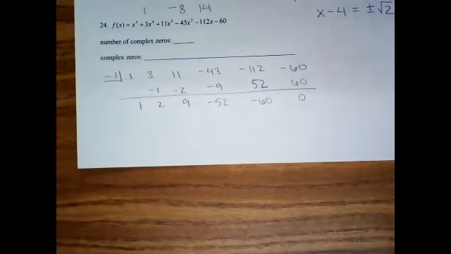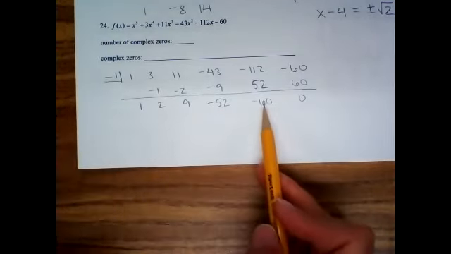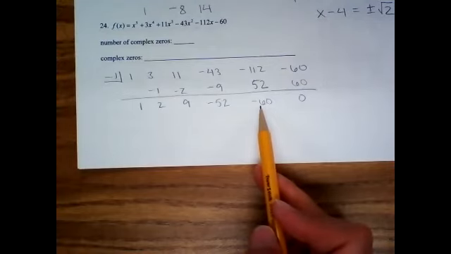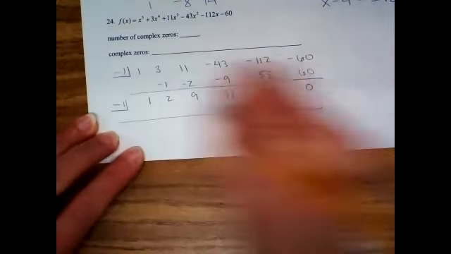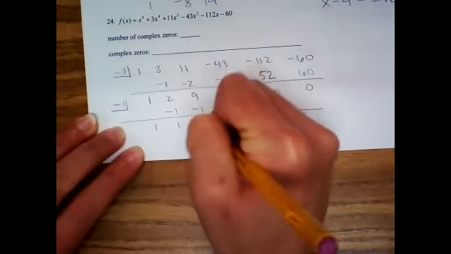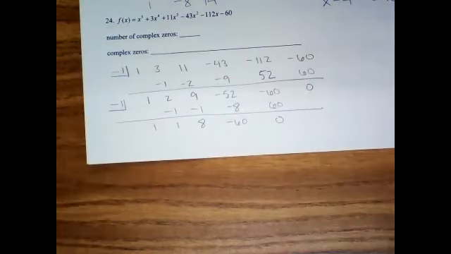Double checking myself here, make sure I didn't mess it up. But if you end up with 0, then you know you did it right. And again, you'll have a calculator for it. You should get 1, 2, 9, -52, -60. I'm not hearing any complaining. All right, do -1 again. Again, you're going to get 0. And we are going to have to divide out one more time.